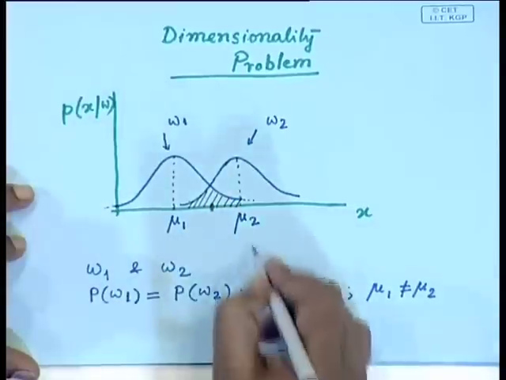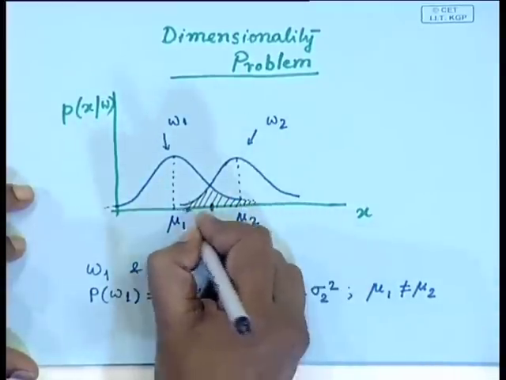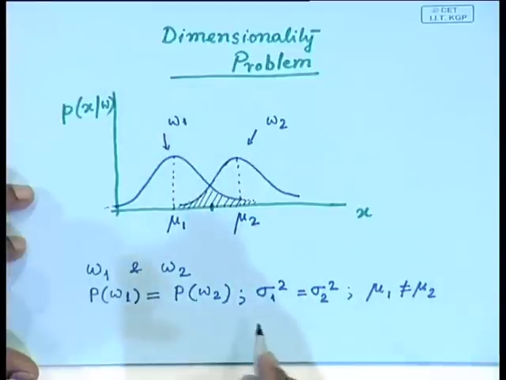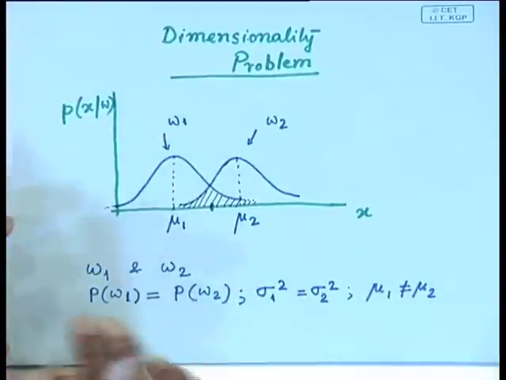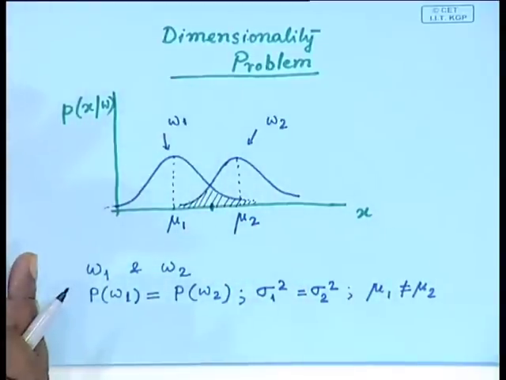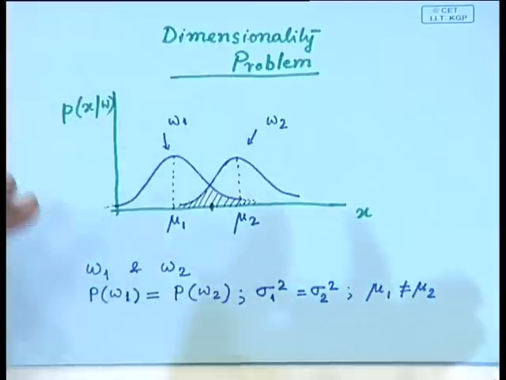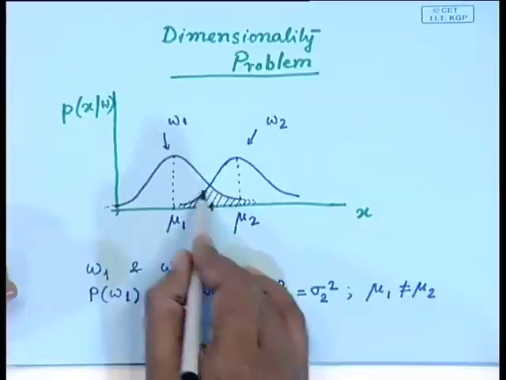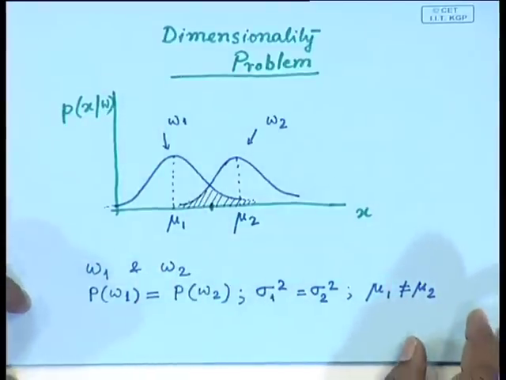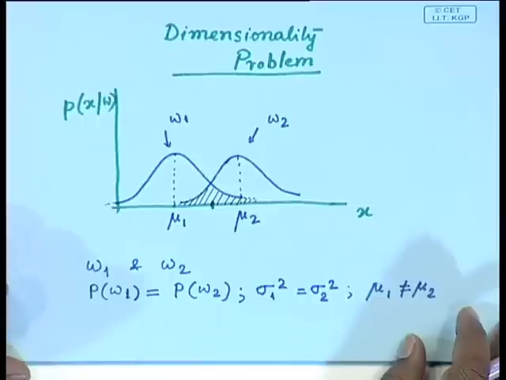Okay. And it extends indefinitely. So, this is the error in taking decision whether I decide in favor of omega 1 or I decide in favor of omega 2. So, this area under this probability curve gives me the total amount of error.